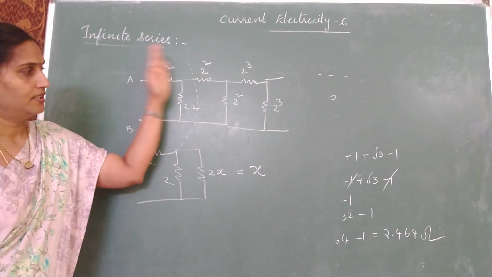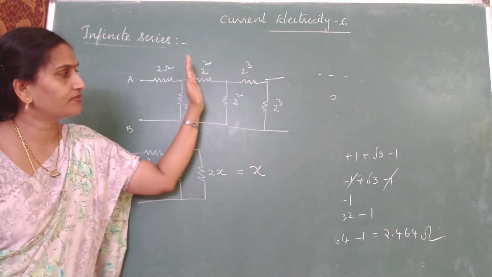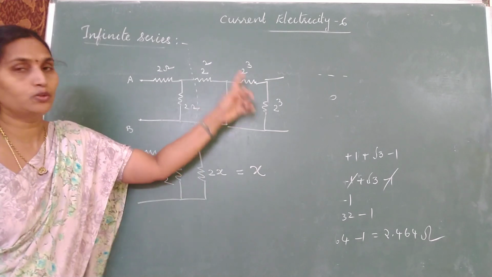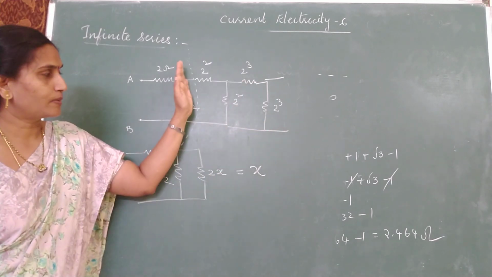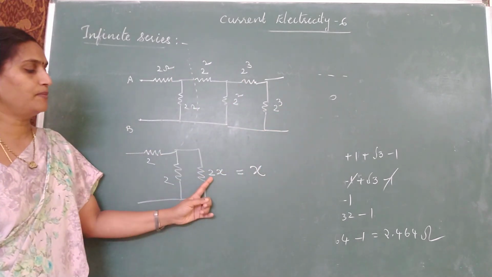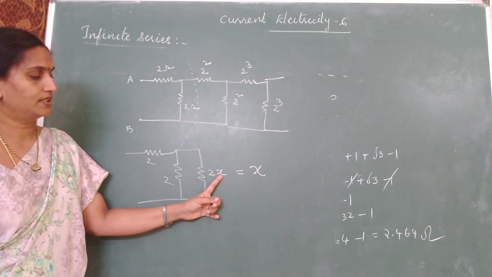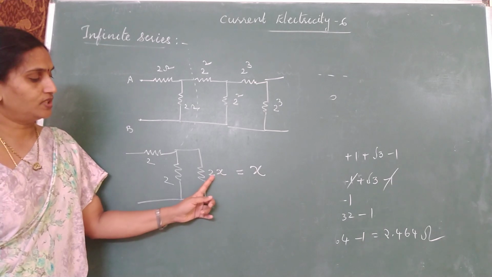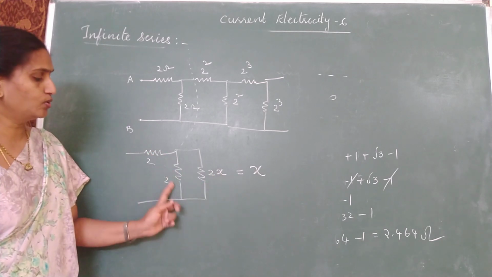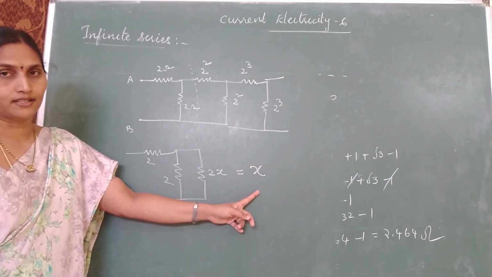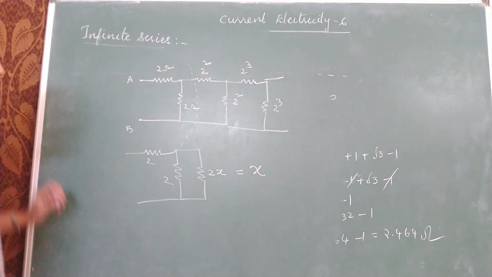If you take 2 common from here, you will get back 2 square, 2 cube and 2 cube. So I am assuming the resistance of the remaining part is 2 times the whole resistance, that is x. So if this is 2x, and you add 2 and 2, the answer should be equal to x.